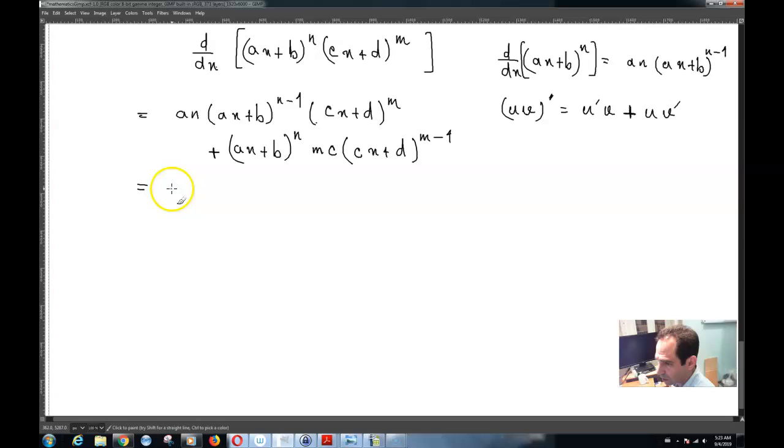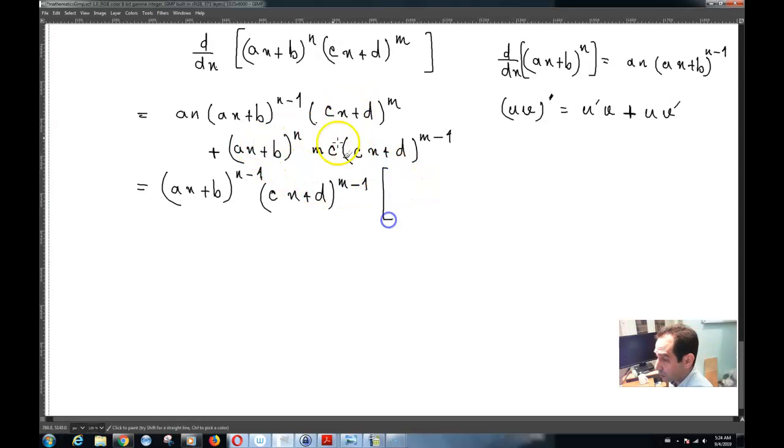So I can take out (ax+b) raised to the power n minus 1, and I can take (cx+d) raised to the power m minus 1 as well, because they are also common.